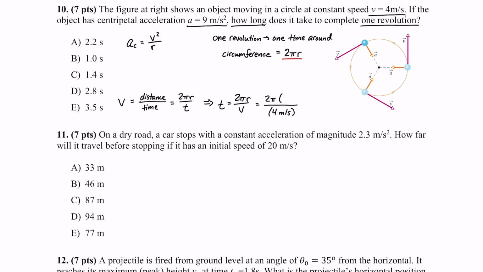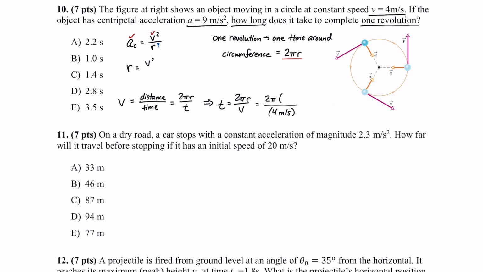So now the task is to figure out what our radius is equal to. We were told information about the acceleration and the speed, and we want to solve for the radius, and we can do so with the centripetal acceleration equation.